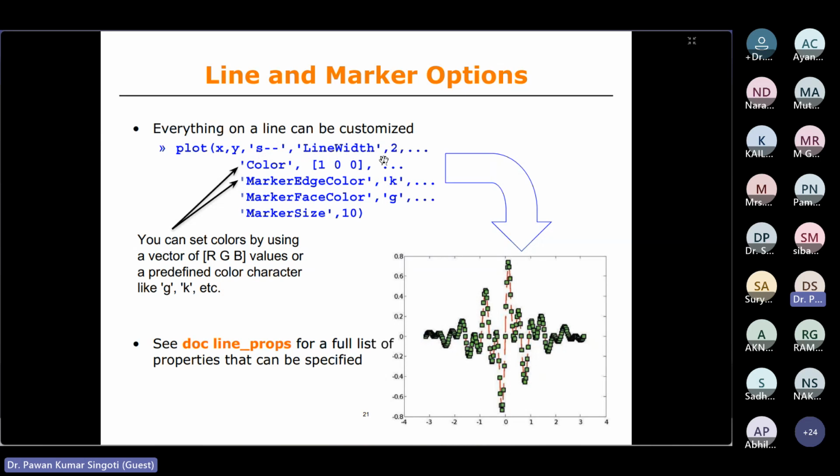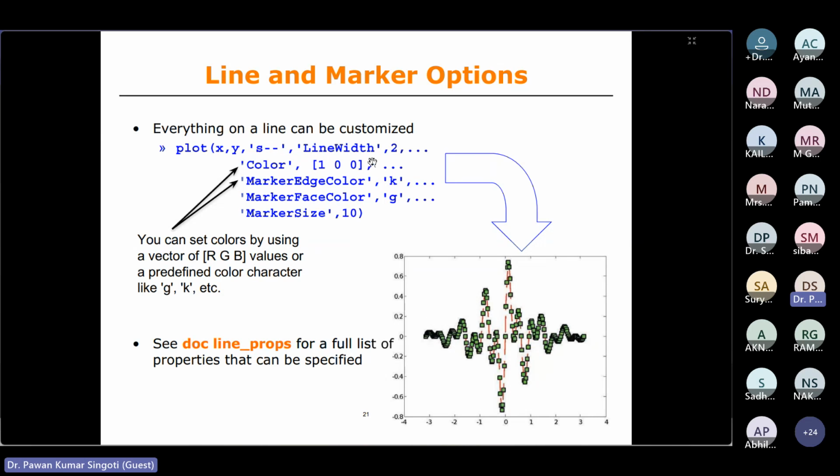You can change the line width, line color, marker edge, marker face, and marker size. K and G are predefined colors. Doc line properties gives the full list of properties that can be specified.